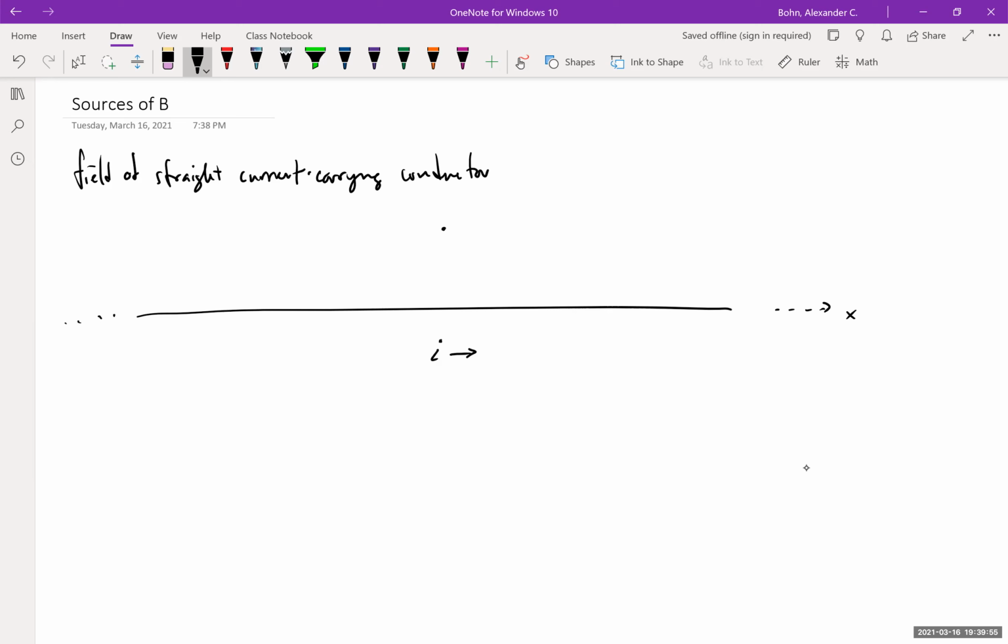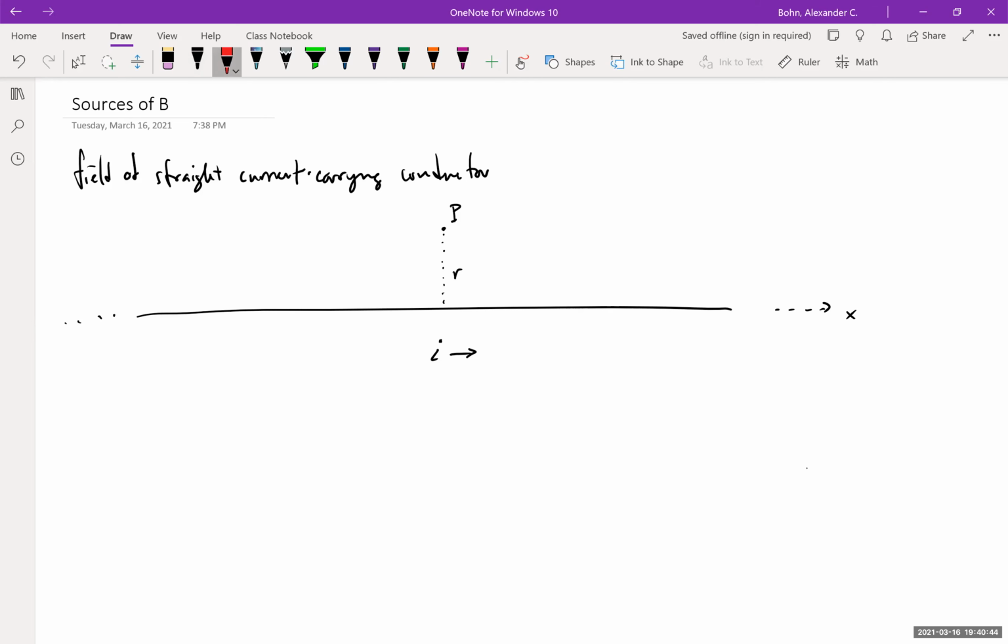But here we are, a perpendicular distance r away from this conductor at point P. We will have to consider the magnetic field created by an infinitesimal current element passing so and so far away from point P.